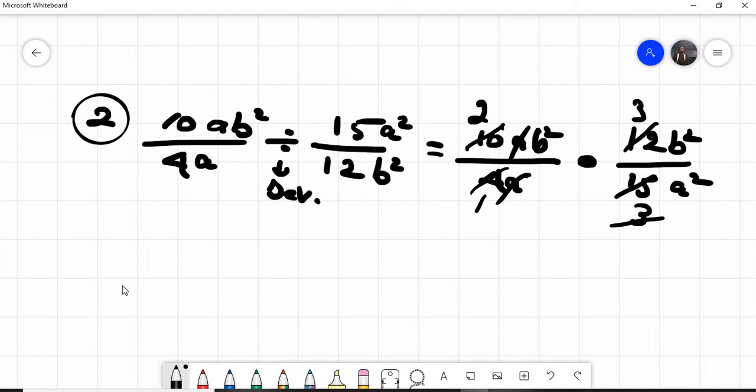Then this 3 we can divide with the 3 on top: 3 divided by 3 is 1, and 3 divided by 3 is 1, so that is eliminated.